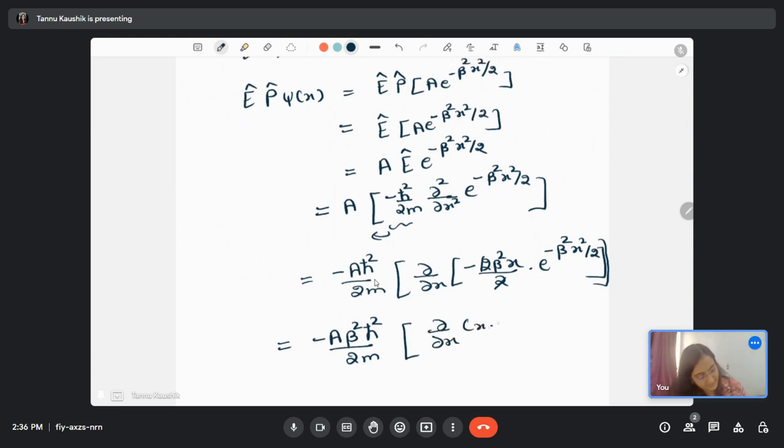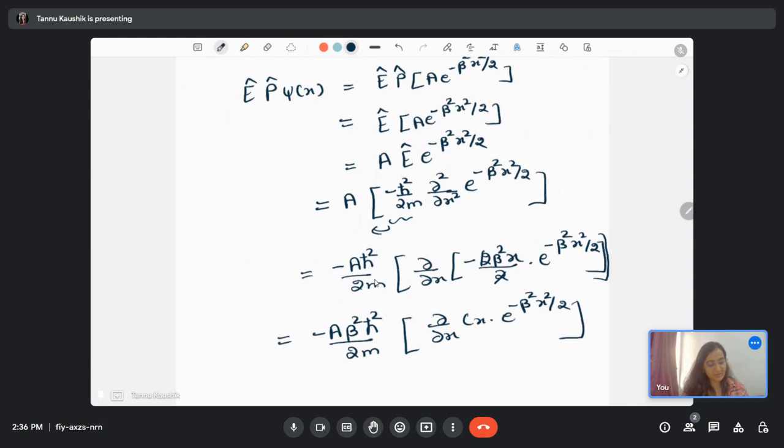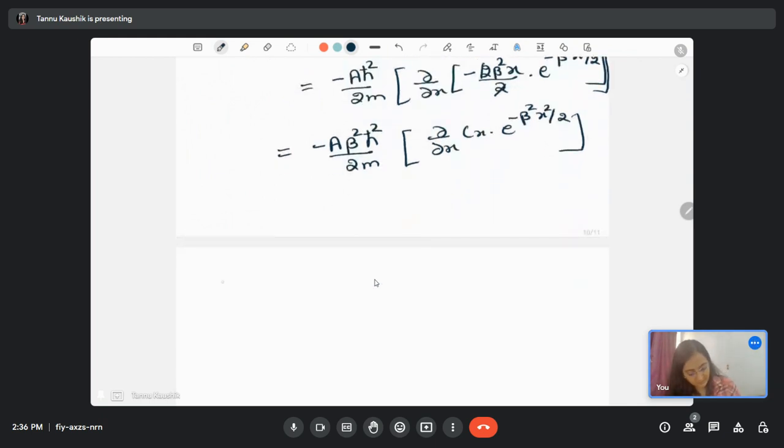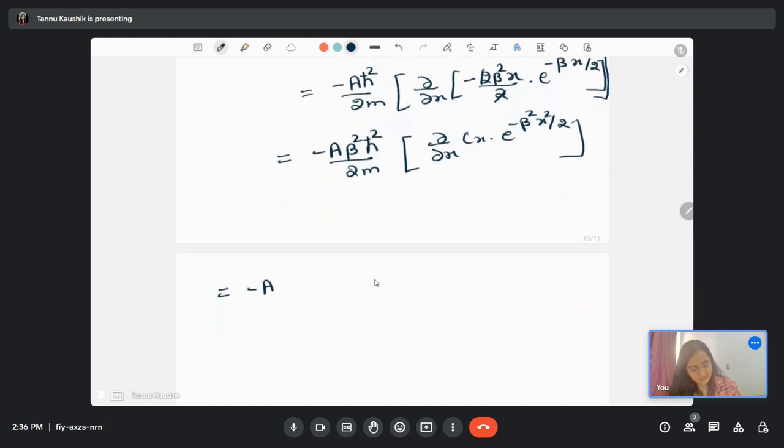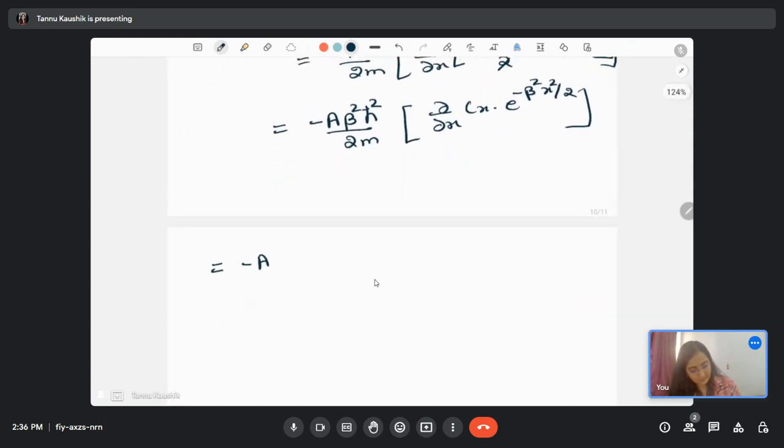I'm taking this out, minus a beta square h-bar square by 2m, and differentiating it again, this x into e raised to minus beta square x square by 2.